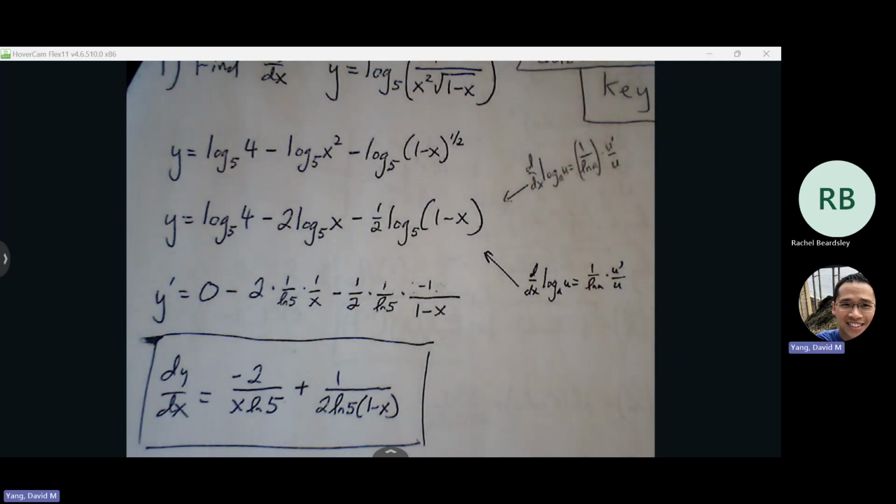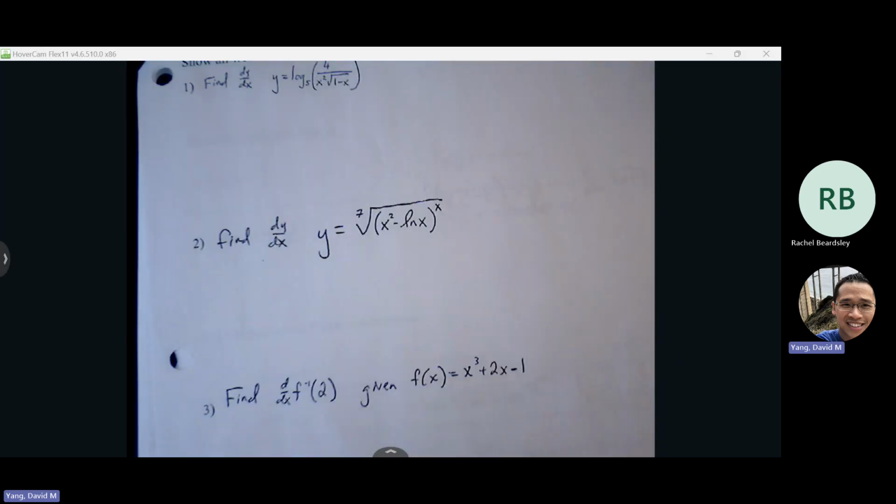Okay, number 2. I will provide instructions for number 2, which is log differentiation.